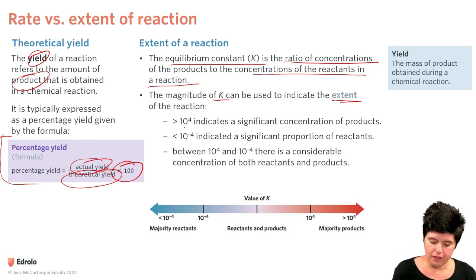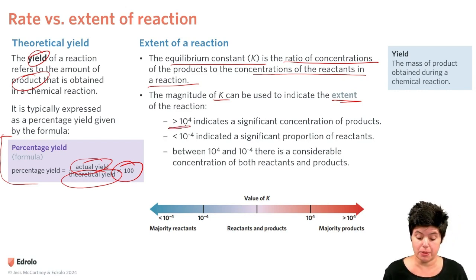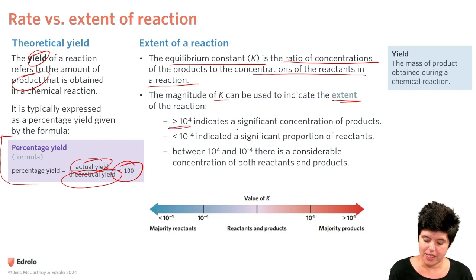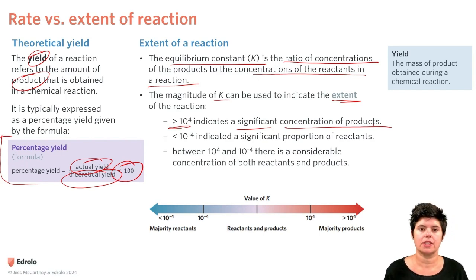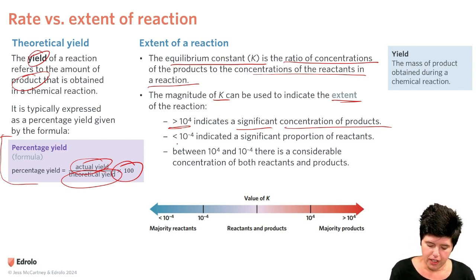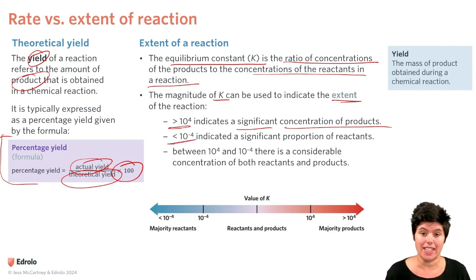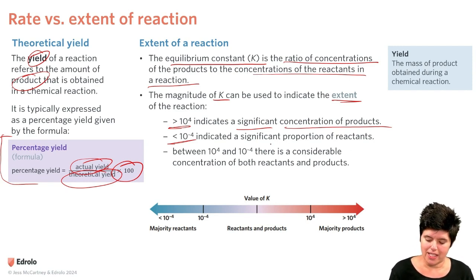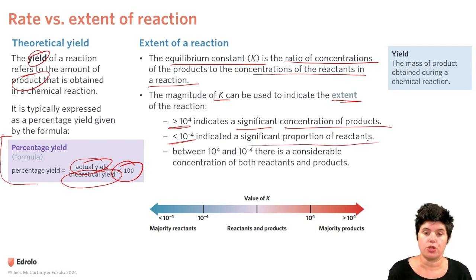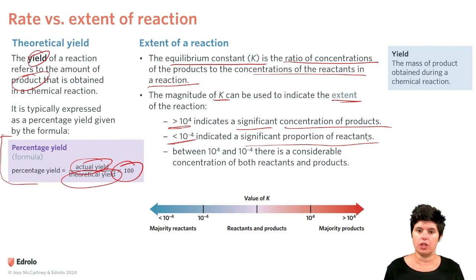If our K value is greater than 10 to the power of 4, that means that there's significant concentration of products. So the reaction has been pushed to the right, to the product side. If the K value is less than 10 to the negative 4, that means that there is a significant proportion of reactants left. So it hasn't really gone to the product side.